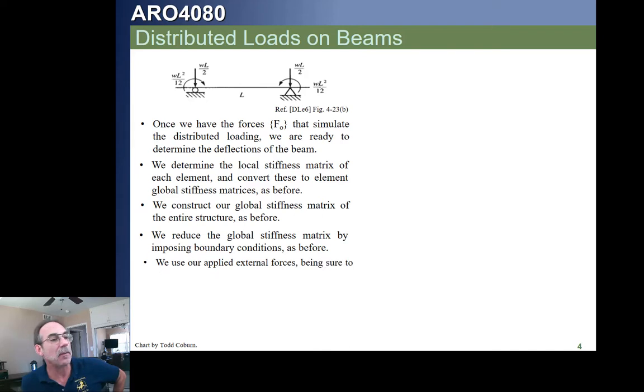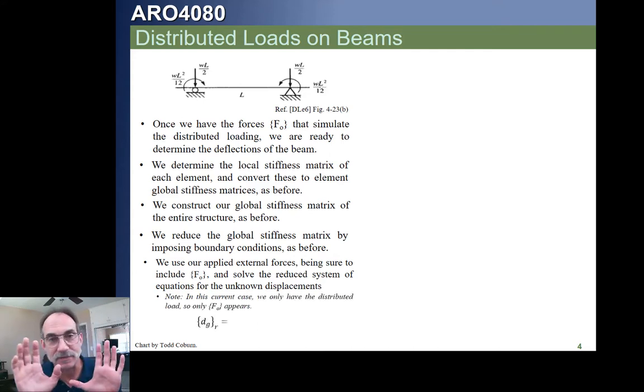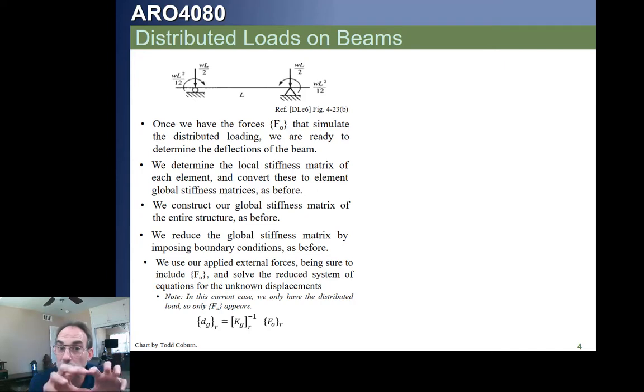We're going to then use our applied external forces, which include FO, to solve the system of equations. That means if we only have that distributed load, then FO will just be that distributed loading simulation. If we have multiple applied loads, including a distributed load, then we will have a vector which includes FO. Right now, let's just focus on that simulated load, FO.